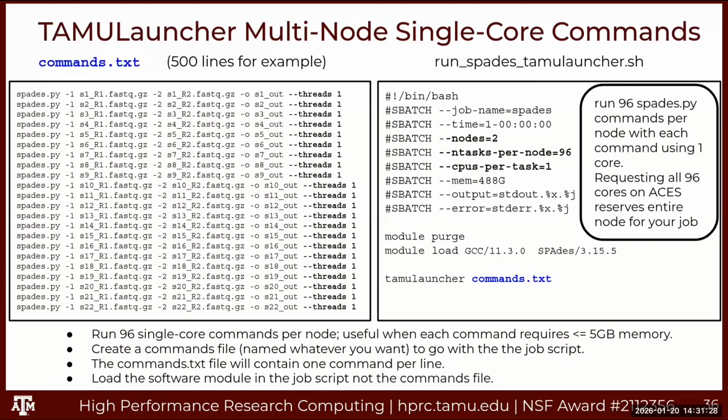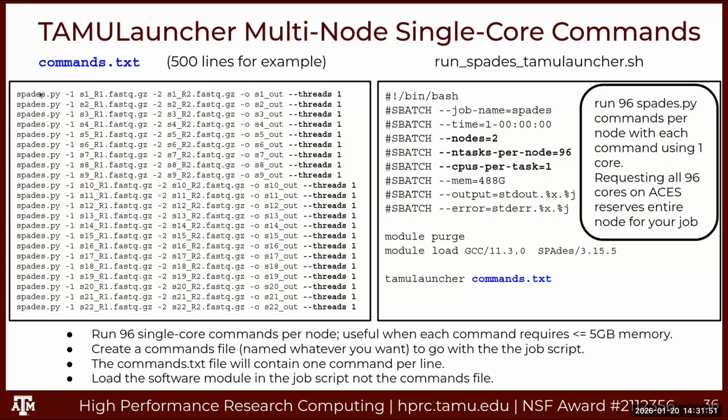All right, here's an example. In the box on the left, this is a commands file. You can call it whatever you want, commands.in, commands.txt. Basically, let's say, for example, there's 500 lines in here, and each line will use one thread.